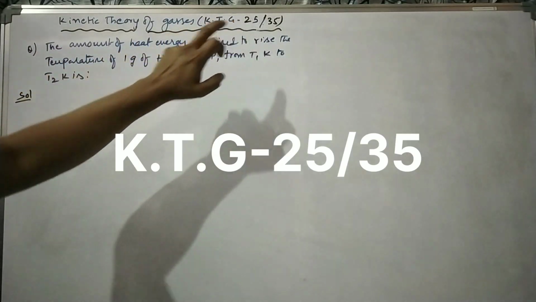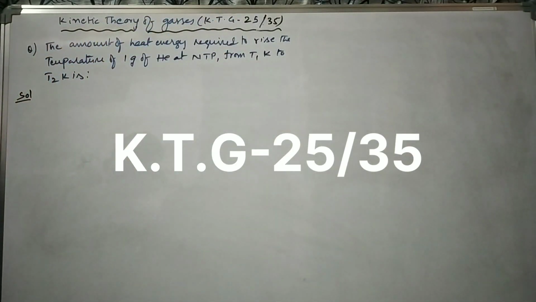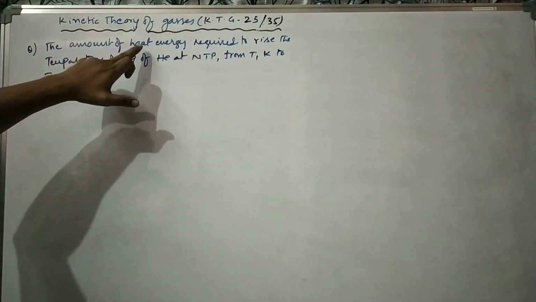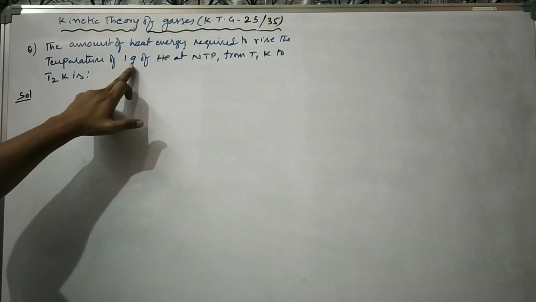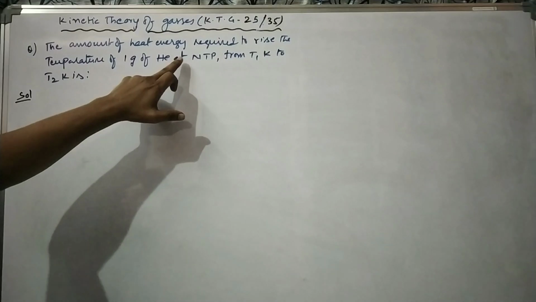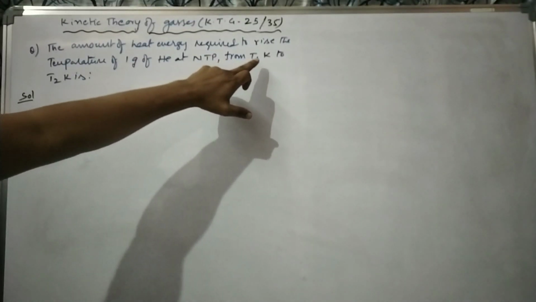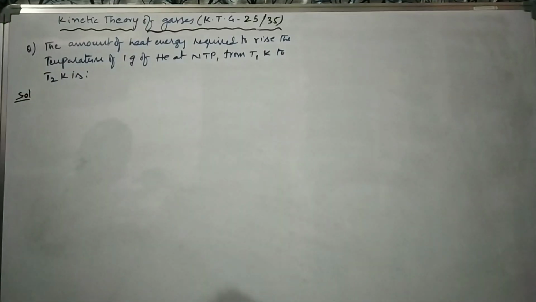The 25th question in kinetic theory of gases is: the amount of heat energy required to raise the temperature of 1 gram of helium at NTP from T1 degree Kelvin to T2 degree Kelvin is.